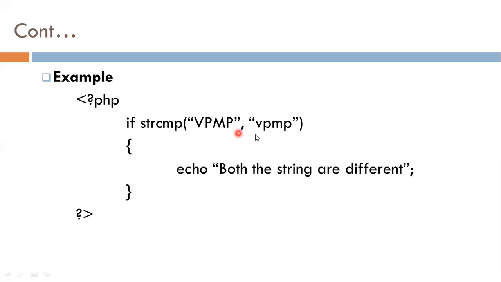This function compares these two strings with a case sensitive comparison and returns output accordingly. Here both my strings are different in upper and lower case, so the strcmp function returns a non-zero value, meaning the comparison says the strings are different. So here I write an echo statement: both the strings are different.